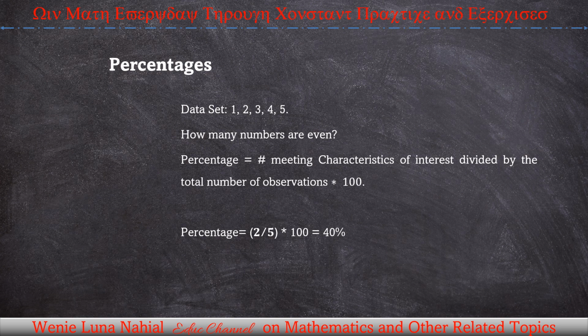In the given data set, we have only two even numbers and a total of 5 observations. So you have 2 over 5 times 100, which is 40%. So 40% of the observations are even.